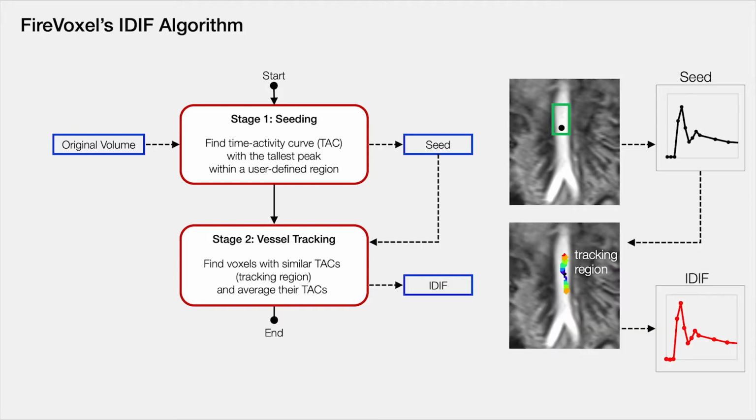In the vessel tracking stage, this seed is used to initialize the search for nearby voxels with similar time activity curves. These voxels form a vessel tracking region, and its average time activity curve serves as the image-derived input function. We will now describe each stage in greater detail.